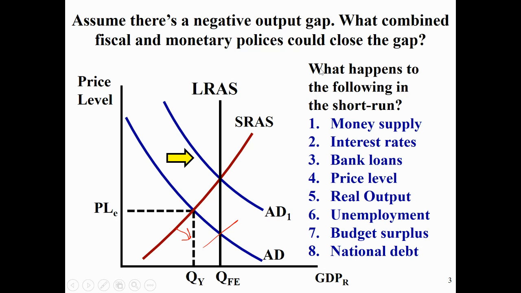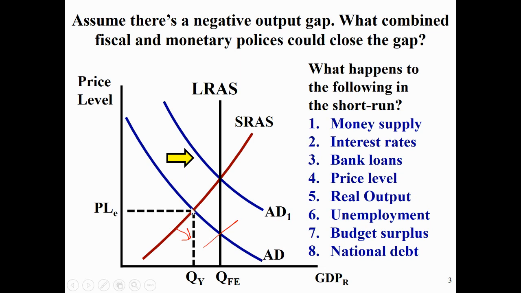So when we think of this combination of fiscal policies and monetary policies, what would happen to the following things here in the short run because we want to close this gap? So if we're trying to do a combination of expansionary policies, maybe cutting taxes, we could also increase government spending, and we could possibly do some sort of monetary policy of lowering the discount rate, lowering the reserve requirement, or buying in the open market.